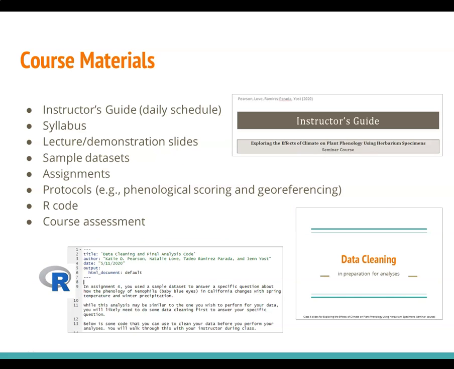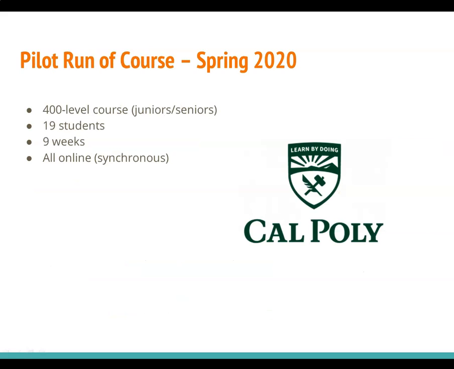We developed all the materials for this course in winter 2020. These include an instructor's guide, syllabus, lecture slides, sample datasets for R demonstrations, assignments, protocols for using the portal and georeferencing, all R code for data cleaning and analyses, and a course assessment for gauging the success of the course. A pilot run of the course was conducted during the spring 2020 quarter at Cal Poly State University.